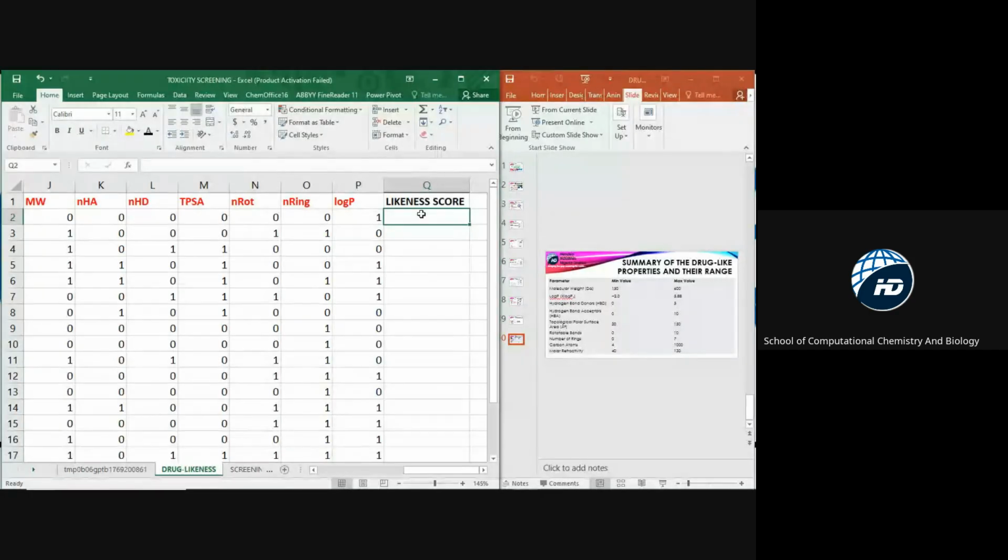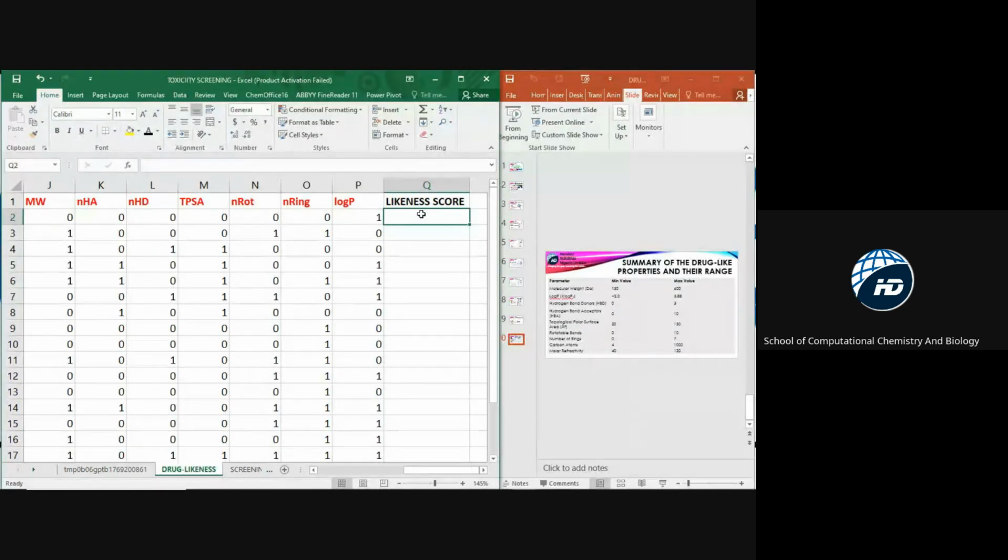So if anyone has a score of 6, that compound is hyper drug-like because it perfectly fits into the drug-likeness parameters.